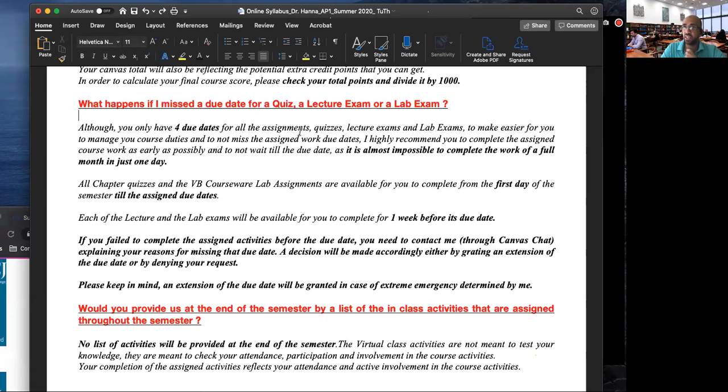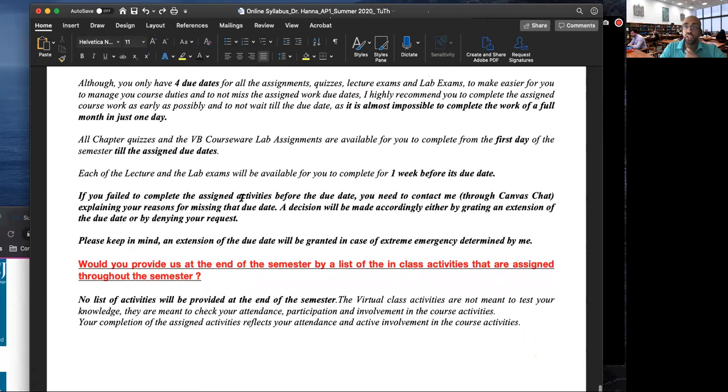So if you missed an exam due date or a chapter quiz due date, you won't receive any grade for this exam. The only ones that you can make up are going to be the lab exams. So you can only miss one lab exam out of the 4 lab exams. And this will require you to take a final exam to substitute the grade at the end of the semester.